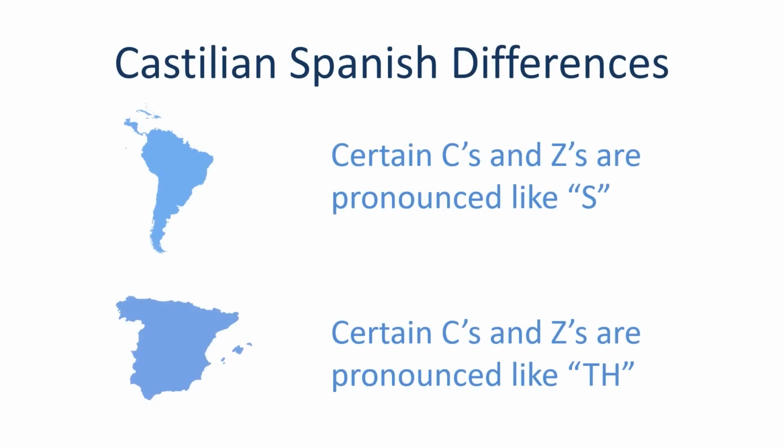One of the major differences between Castilian Spanish and Latin American Spanish lie within the C's and the Z's in Spanish. In Latin America, certain C's and Z's are pronounced like the English S, so with an S sound. Whereas in Spain, those same C's and Z's are pronounced with a TH sound.